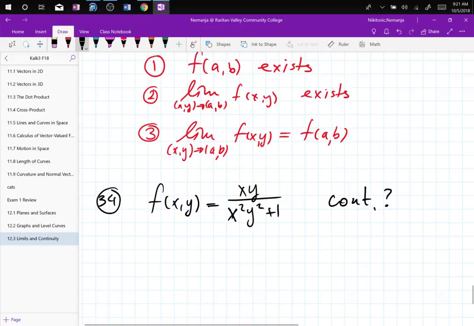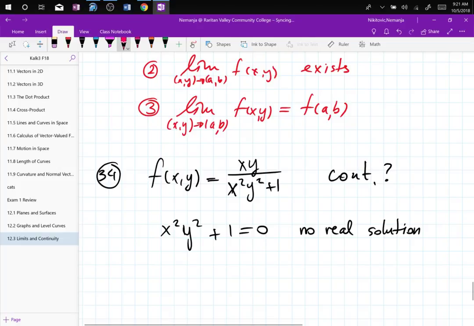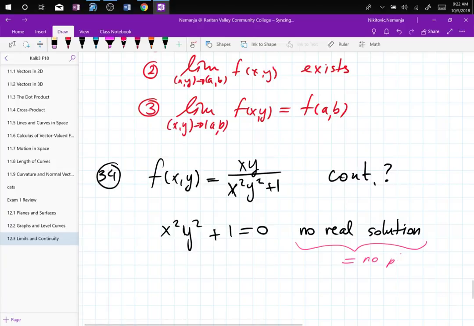So we say x squared y squared plus 1 equals 0, and we just say no real solution. So this statement, no real solution, means there are no problem points, right? That means no problematic points.